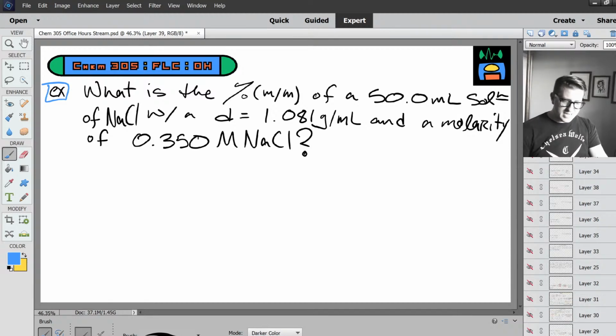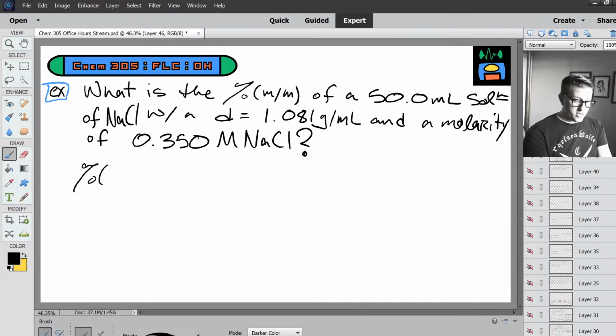What is the percent mass of a 50 milliliter solution of sodium chloride with a density of 1.081 grams per milliliter and a molarity of 3.5 or 0.350? All right. So the first thing is we got to know what we're going after, right?